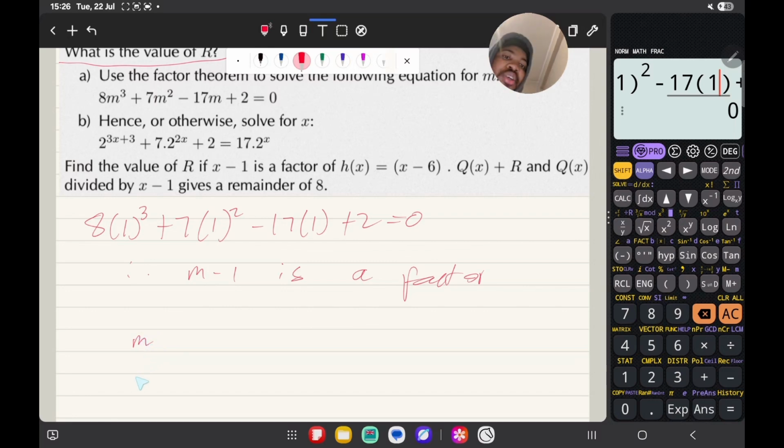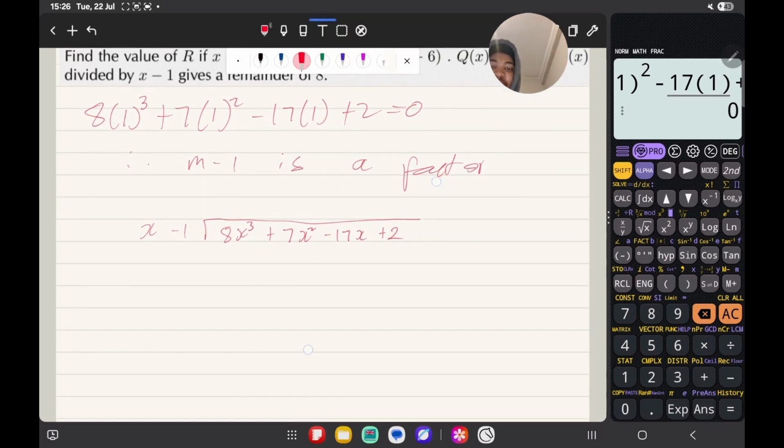And then solving that, you have m. Bro, I'm gonna use x, man, come on. I'm gonna use x minus 1 into 8x cubed plus 7x squared minus 17x plus 2. Alright, cool.